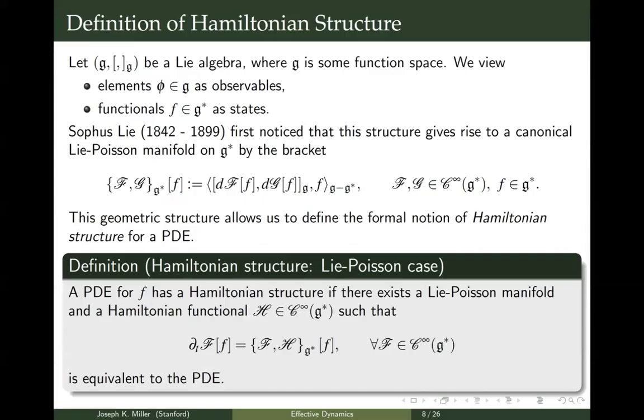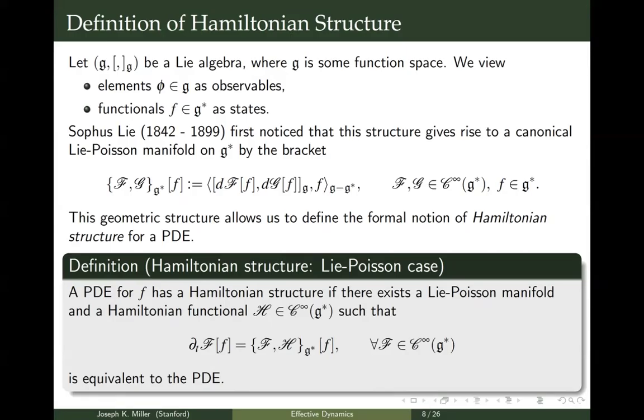If I let G be a Lie algebra, where G is some function space, I'll take smooth functions for our case. We can view elements of G as observables, and functionals in the dual as states. So my solution to the Vlasov, I want to view as some element of this G star. If you take G to be smooth functions, the dual of it is compactly supported distributions.